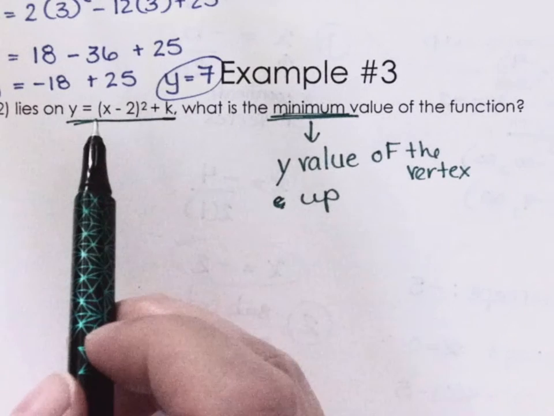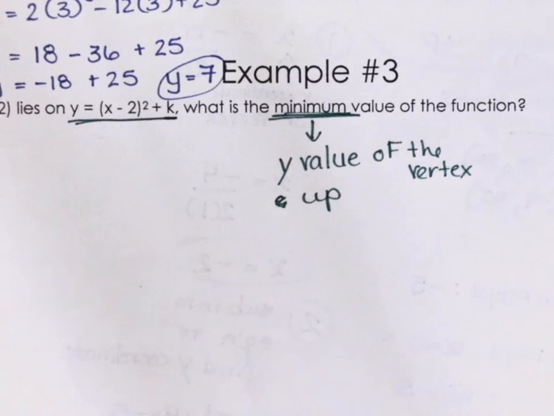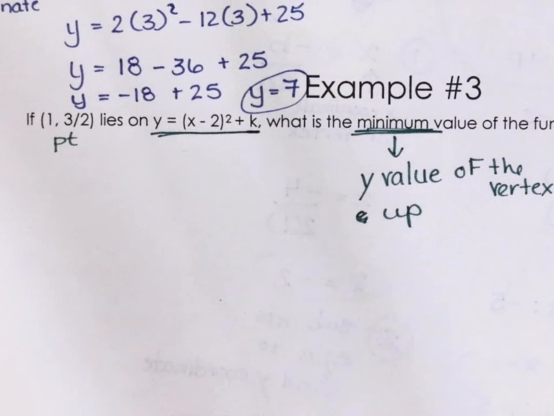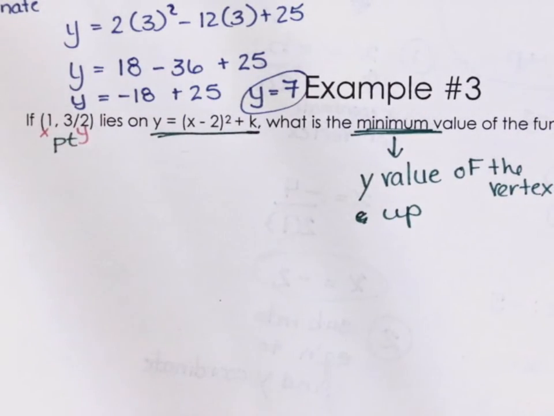And that's kind of a given in this equation. I have the x coordinate, but I don't have the y coordinate. So if you have a point, where are we going to substitute that into the equation? You guys did this Friday. We're going to substitute those in where we see x and where we see y.